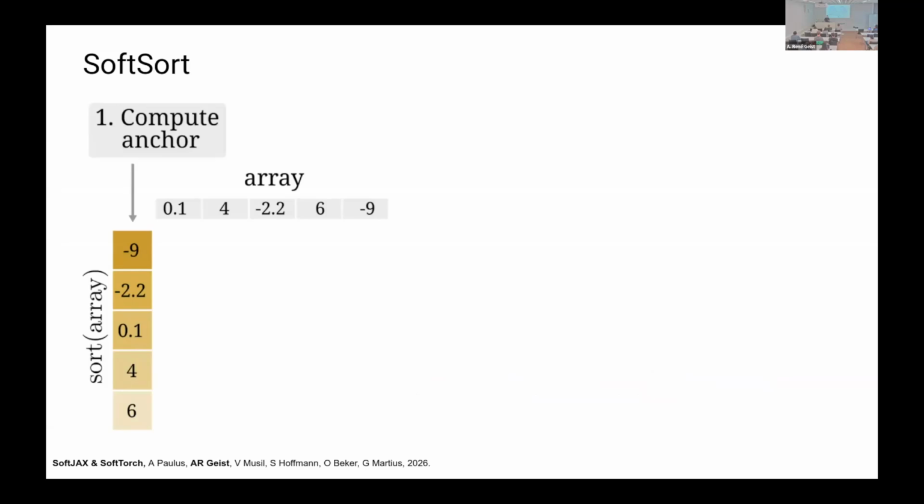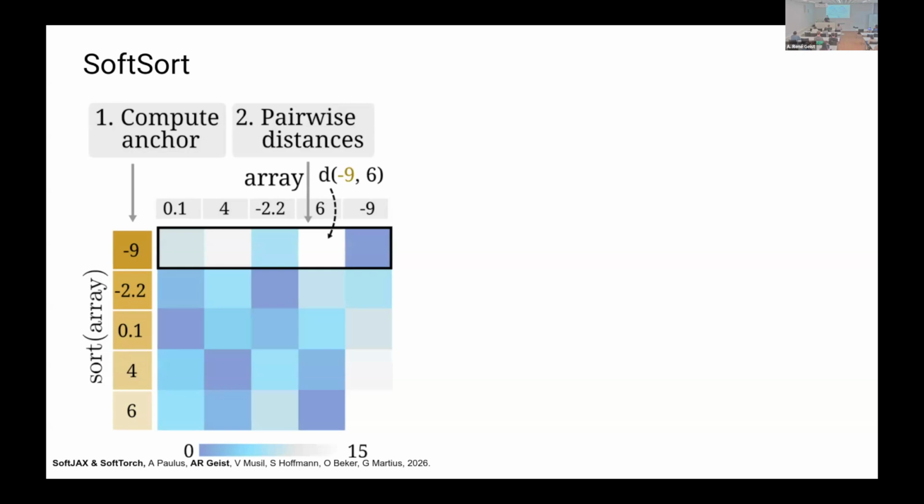The first thing you do in soft sort is compute an anchor, by applying the hard sort operator on this array, so you get the sorted array. The second thing is to compute pairwise distances between the array entries and the sorted array, so you get a matrix of pairwise distances.